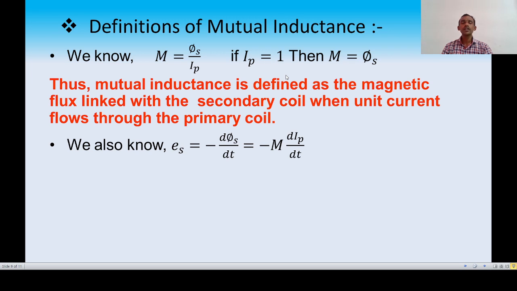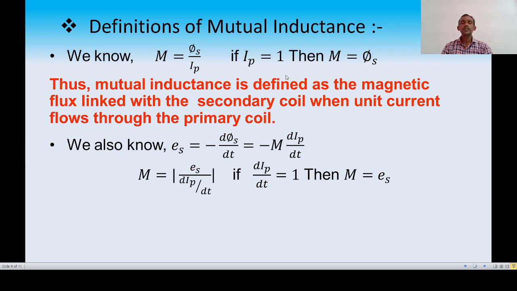Therefore M is equal to mod of ES divided by dIP by dt, where ES is the EMF induced in the secondary coil and dIP by dt is the rate of change of current in the primary coil.